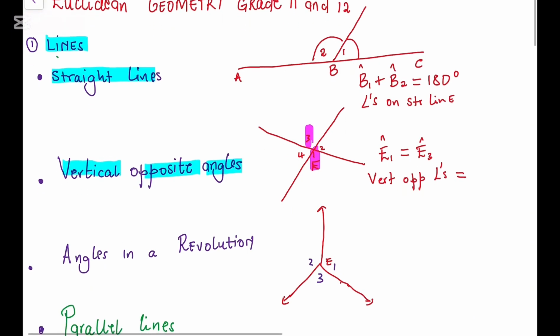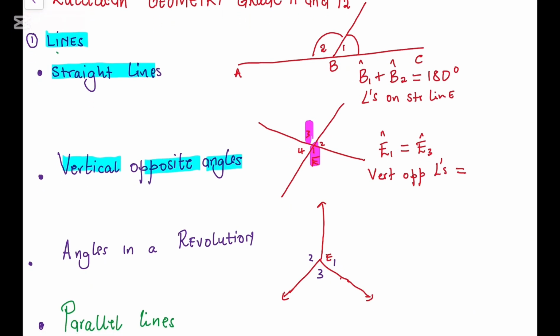We also have angles in a revolution. Angles in a revolution, or angles around the point, will always give you 360 degrees. So if you add all the angles around the point, they will always give you 360 degrees. Even here, if you were to add all these angles, they will give you 360 degrees.